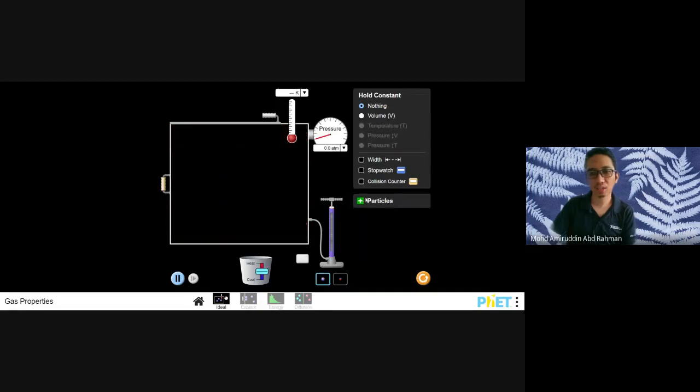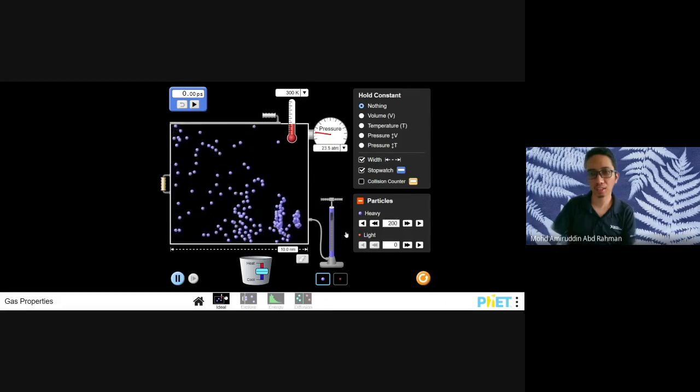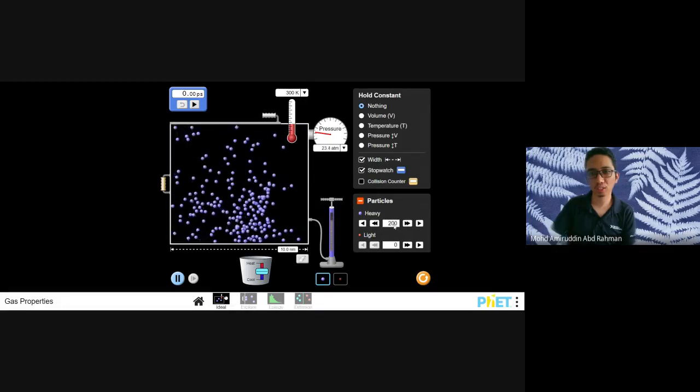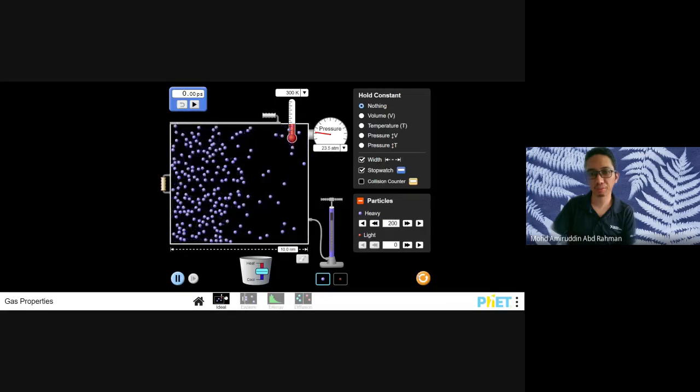Let's say we try again. You can also use that. Let's say we don't want to use the pump. If you use this pump, one pump will give you 30. So it's about 200. Now you have 200 molecules.